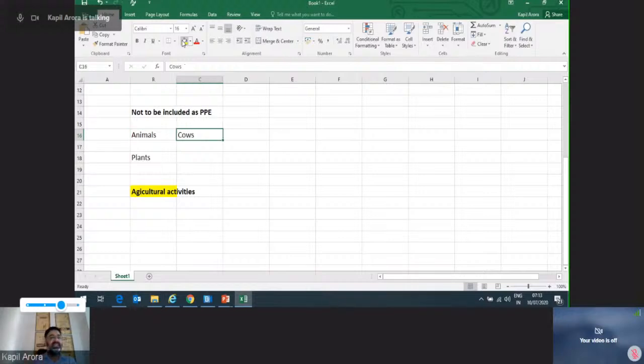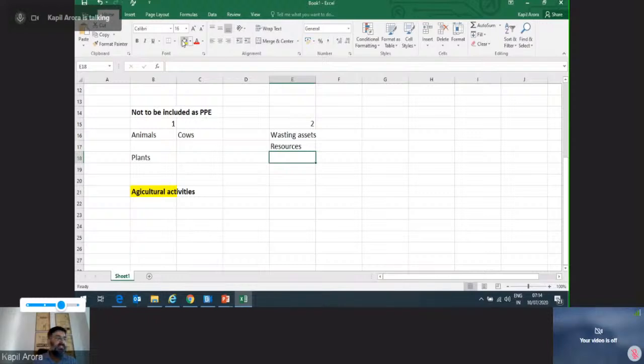On the other side, it says wasting assets also. This is one which is not to be included. The second one is some wasting assets. Wasting assets means again natural resources.